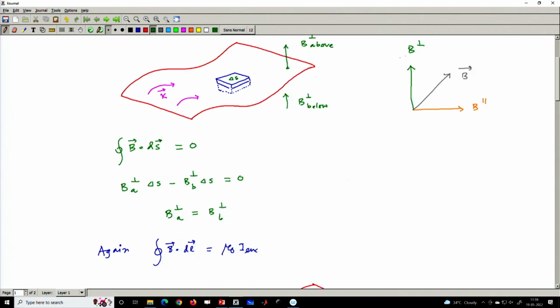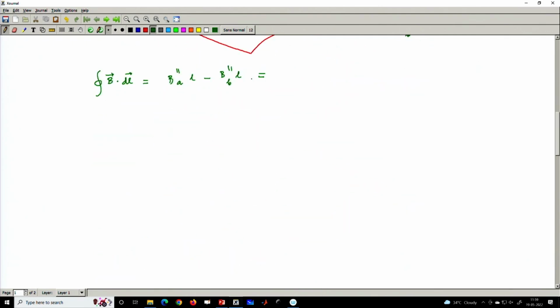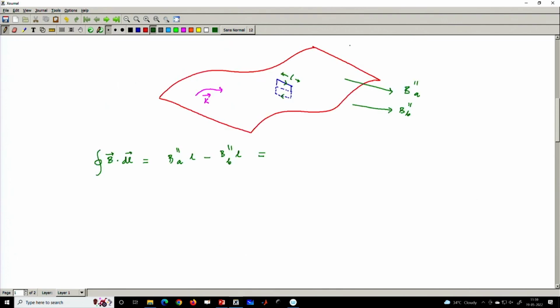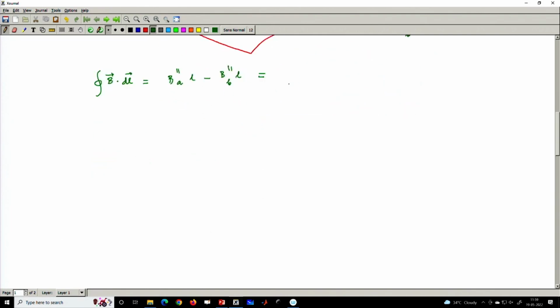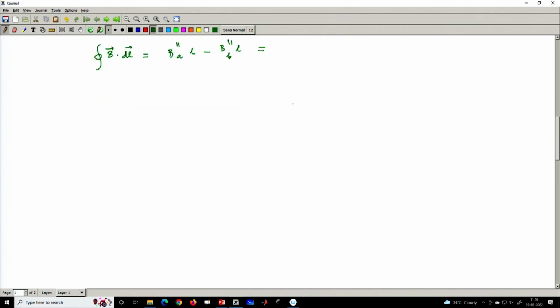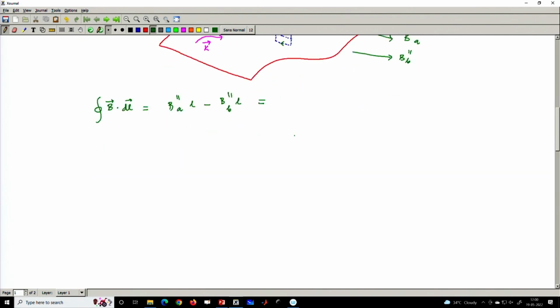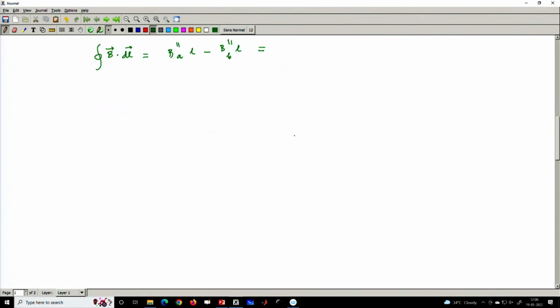Here also a similar thing happened. The direction S and the direction B are perpendicular, so these components are not there. Here we have the opposite case: the perpendicular component is no longer there because this is perpendicular to the length itself, but here only the parallel component will survive, and this will be the condition. The negative sign again is because the direction is opposite for the loop in this region.